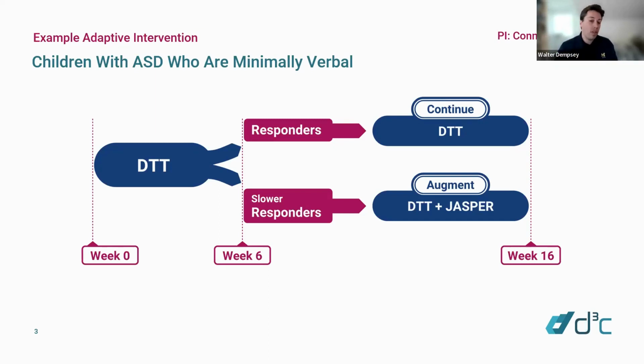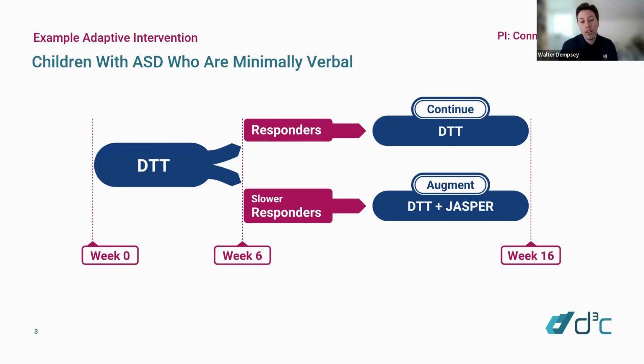For responders, you continue, and for slower responders, you augment with an additional thing called JASPER, which is joint attention, symbolic play, engagement, and regulation, which is sort of a mechanism for improving development and behavior, using developmental and behavioral principles to improve outcomes for individuals with autism. So this is one AI, to go back to the previous set of slides, you could build.